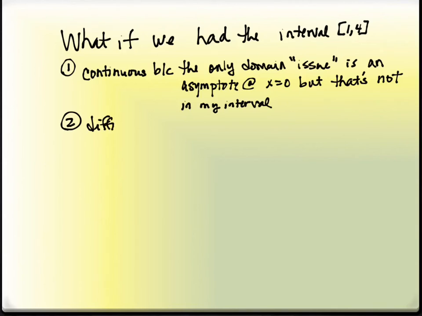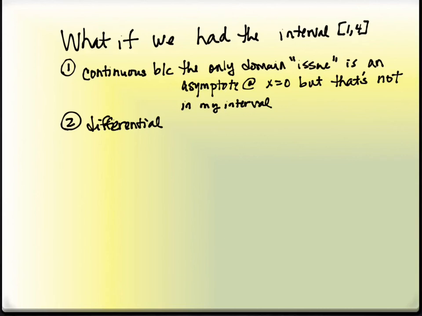So differentiable actually follows by the same reasoning. And we actually had a differentiable statement about rational functions when we talked about this before. Basically they said that if the function is continuous on its domain, which this is, the domain that we're looking at here is 1 to 4.